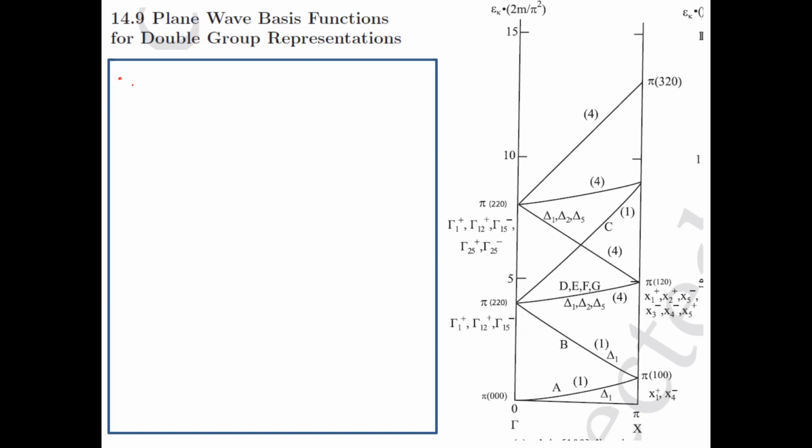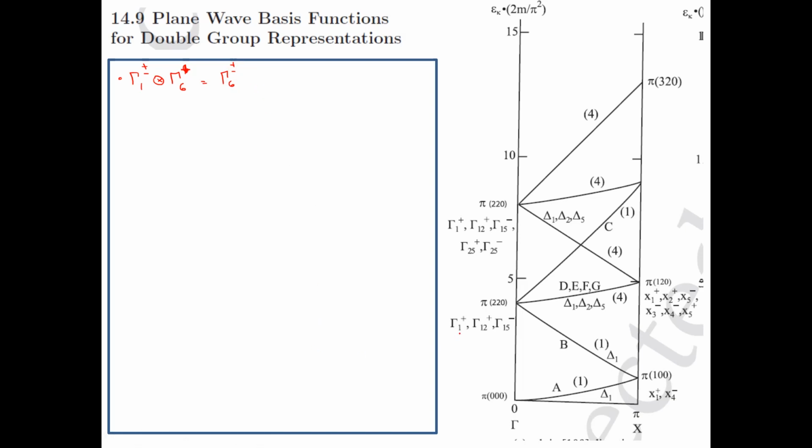So you see that the gamma 1 plus, but also the gamma 1 minus, when you make the direct product between that and the gamma 6 plus, the spinor, gamma 6 plus, you get gamma 6 either plus or minus. So this level is not split by spin orbit.